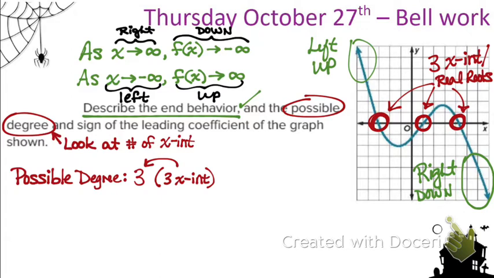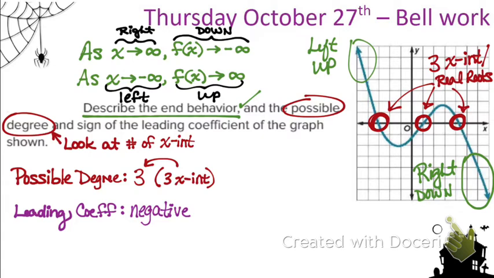All right. Talk to me now about the leading coefficient. What do you know about the leading coefficient? It's negative. How do you know? I heard somebody say something about the right side. What do you see on the right side?